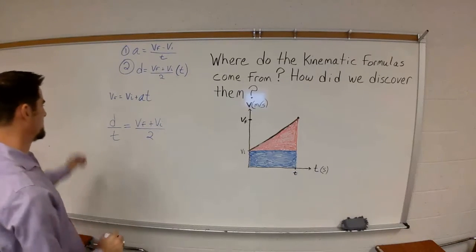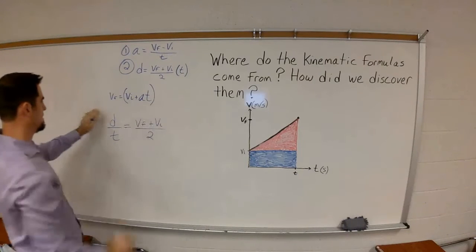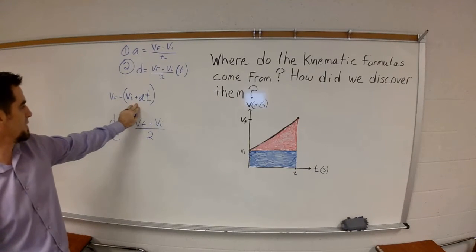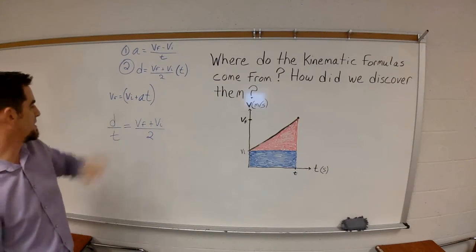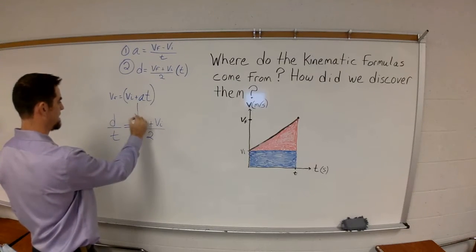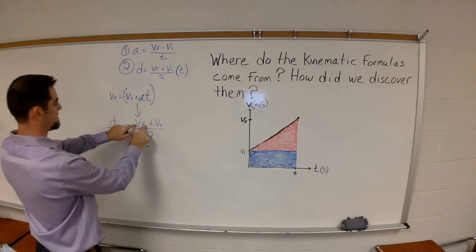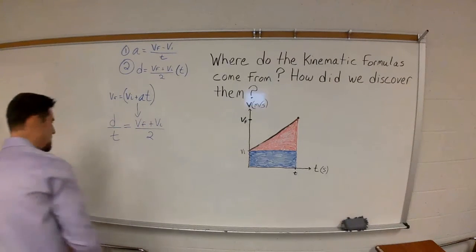Now I know that final velocity is equal to the initial velocity plus at. So what I'm going to do is take this term and substitute it for this term. So let's rewrite it.